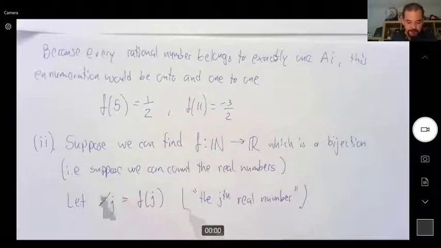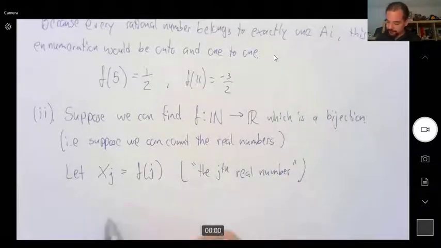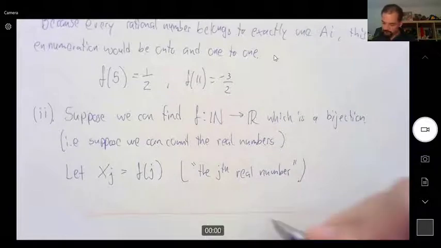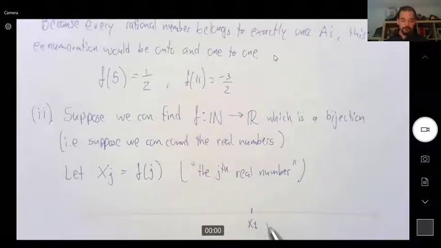And now this is what we're gonna be doing. So let me do a little bit of a picture here. So imagine we have the real line, and somewhere over here is x1. I don't know where, because the function picked some real number to be the first one. I don't know which one the function picked, but there is one that is the first. So here's what we're gonna be doing now.